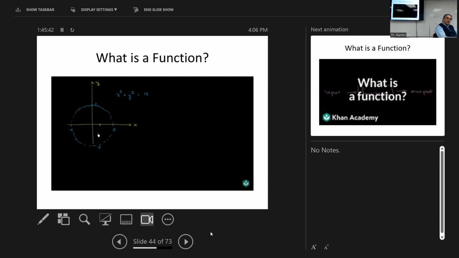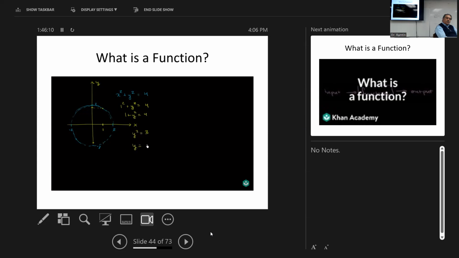You pick a given x, let's say x is equal to 1, there are two possible y's associated with it, this y up here and this y down here. We could even solve for that by looking at the equation. When x is equal to 1, we get 1 squared plus y squared is equal to 4. Or, subtracting 1 from both sides, y squared is equal to 3.